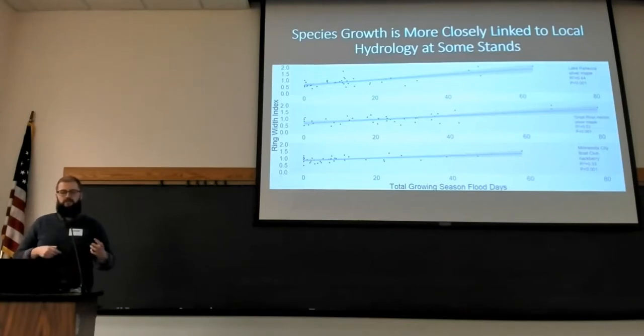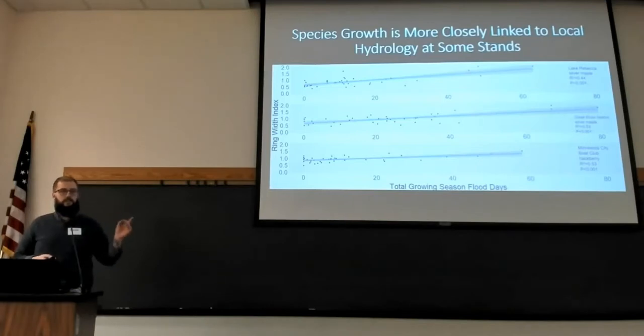Some species responded more strongly to total flood days than to broad-scale climate patterns, which is a change from most dendrochronology studies. This was mostly seen in silver maple, which is these top 2 plots, but on the bottom is hackberry from another stand, and it was evident there as well.